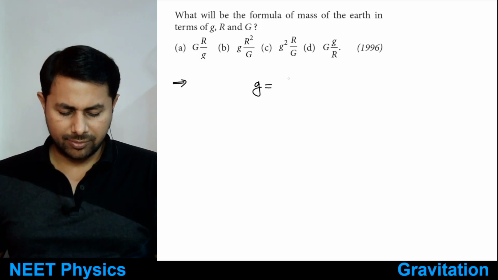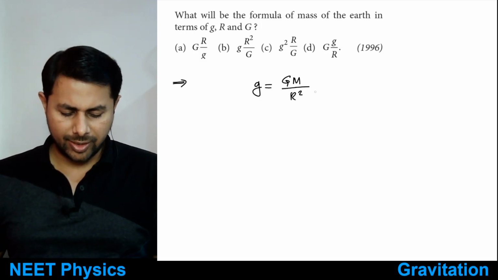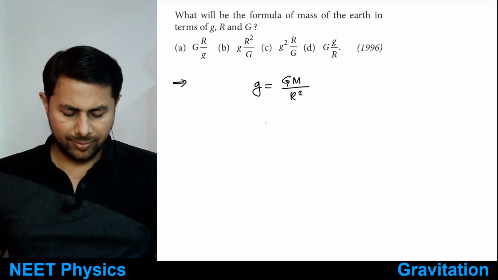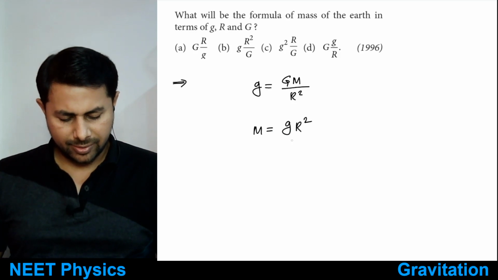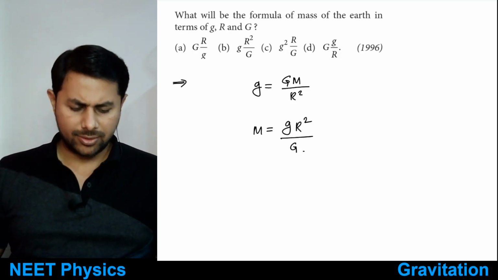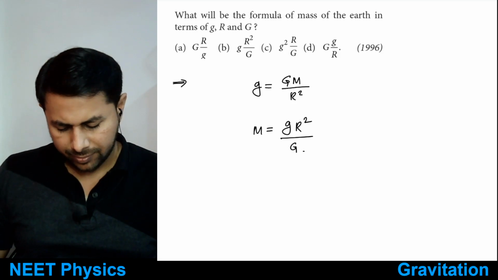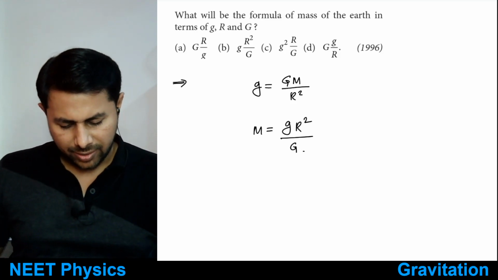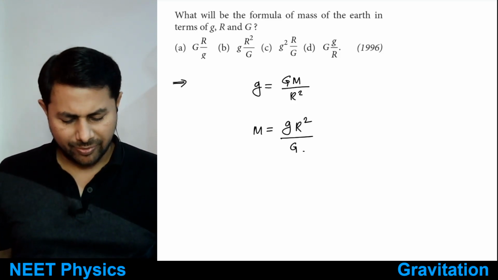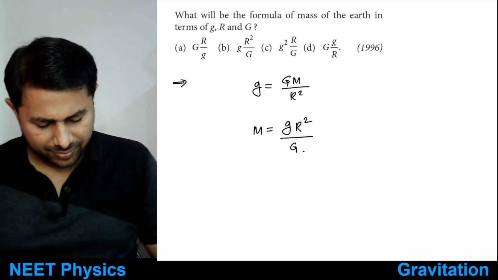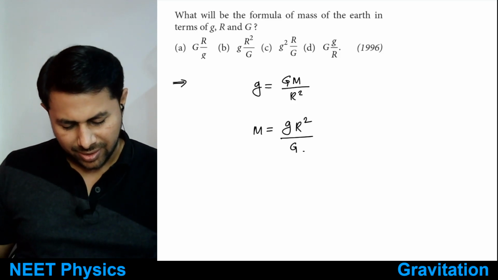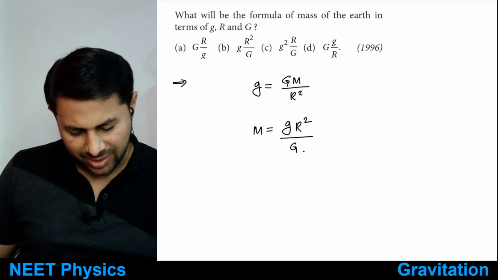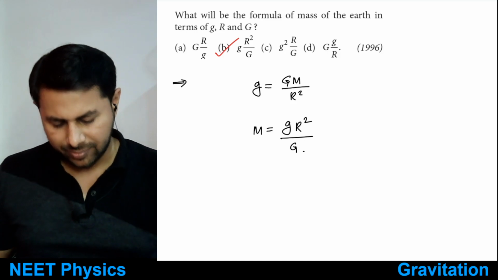You know that g is equal to GM upon R square, and therefore the mass of earth is equal to g multiplied by R square divided by G. This is a very old question, but when they ask this, yeah, it will click, right? So g R square by G, option B, that's the answer.